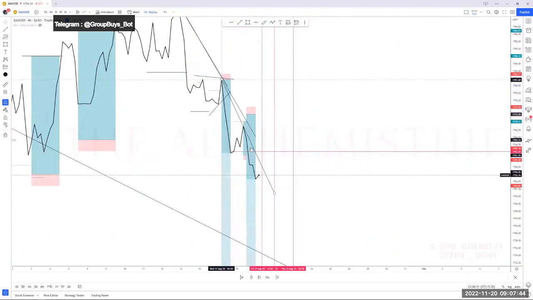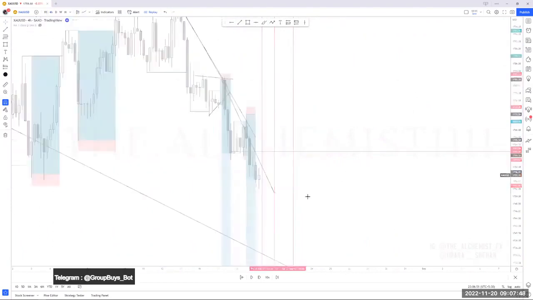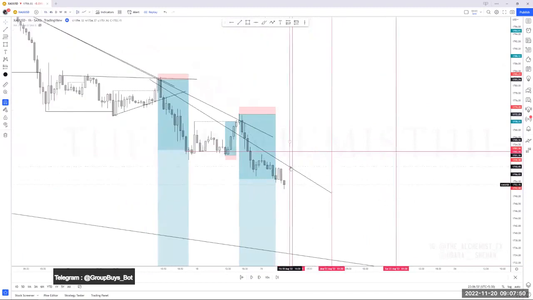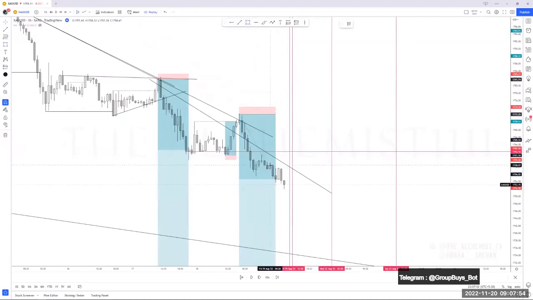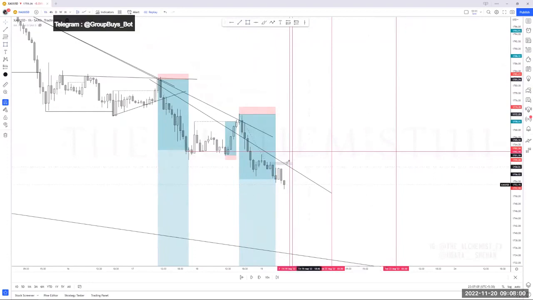So hopefully price gets here. Third touch into this or as this. Either one of those zones. Even this zone is lining up with that level, right?